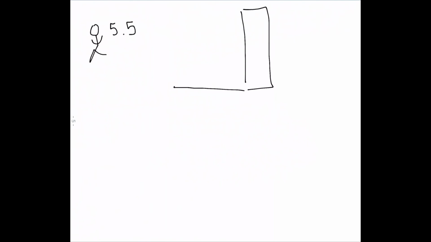We may also use formulas that we know from other math subjects. As an example, let's suppose that we have a woman who's 5.5 feet tall, and she's trying to figure out how tall a building is. What she knows is that the shadow of the building is 30 feet, and her shadow is 3.3 feet.